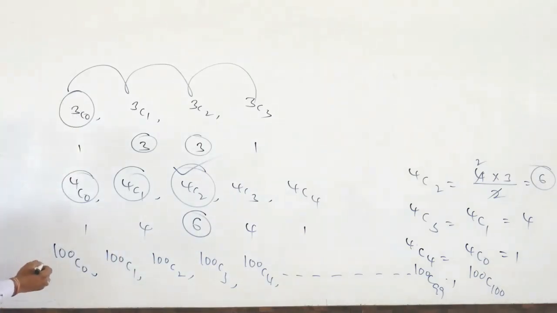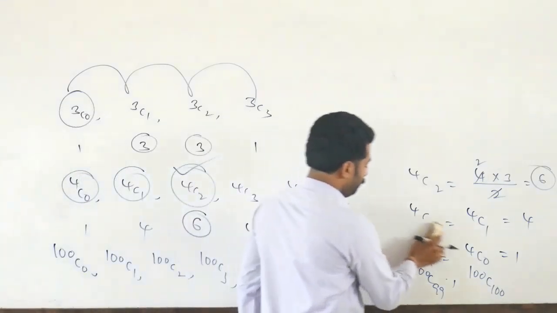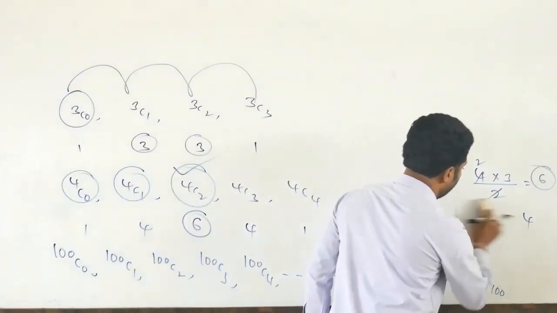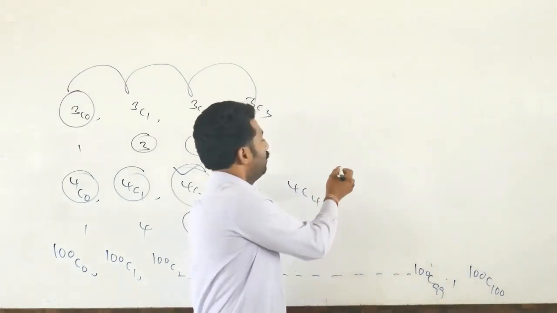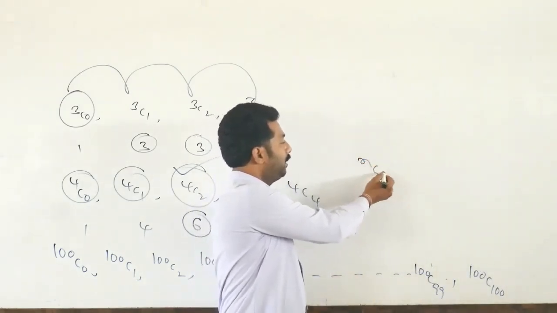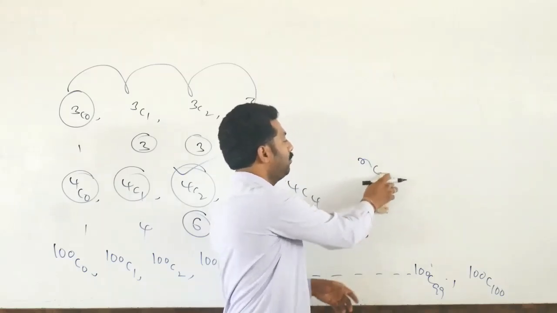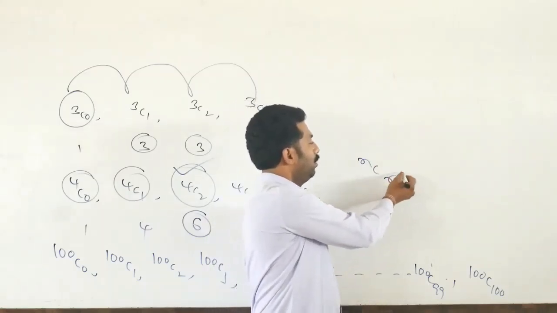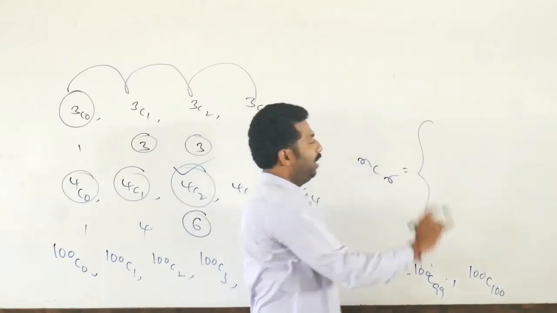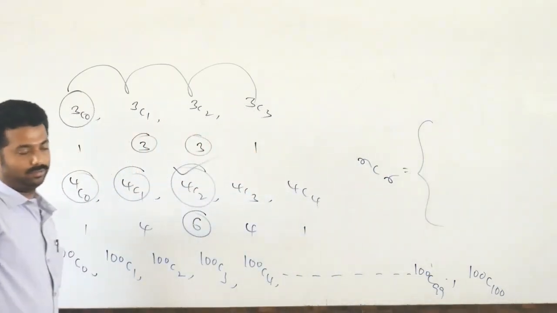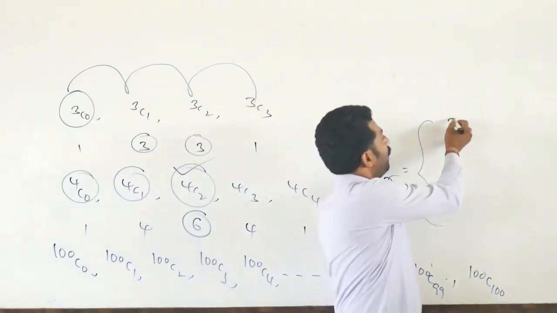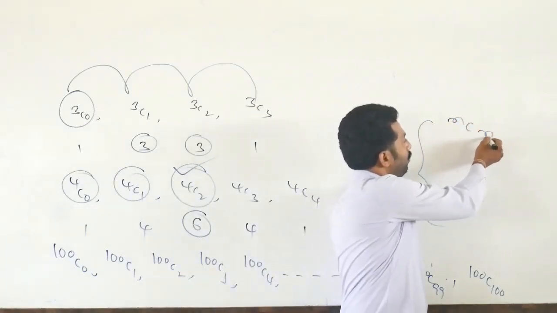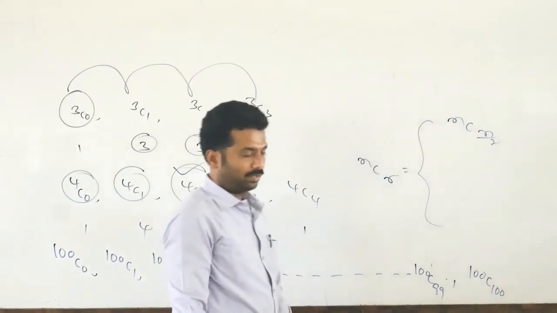At the same time, you should remember one formula. Suppose nCr values are there. Among these nCr values, which one is the largest? Suppose n is an even number, then nC(n/2) is the largest.